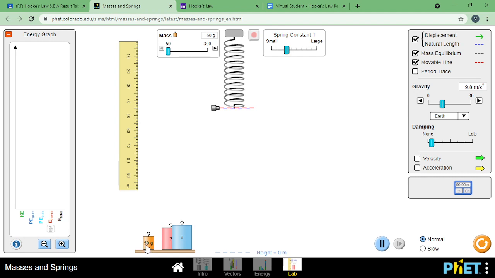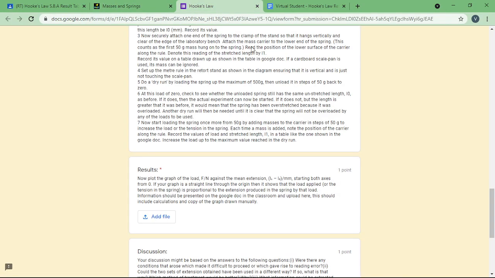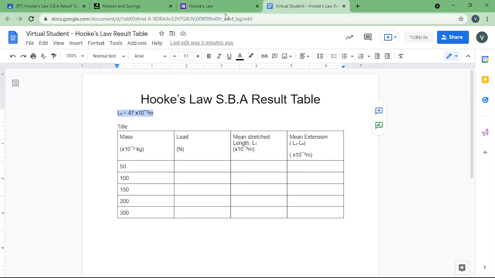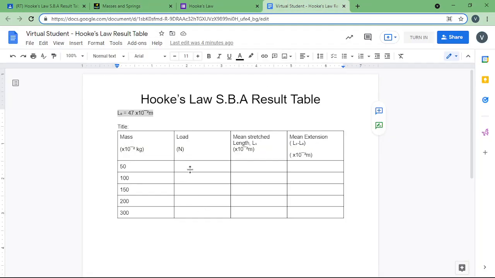So let's go to our first 50. Now what I want to do is measure here, then carry down right here. That is approximately, let's see, I was at 50, I have passed 50. So this is 55, 56, approximately 56.